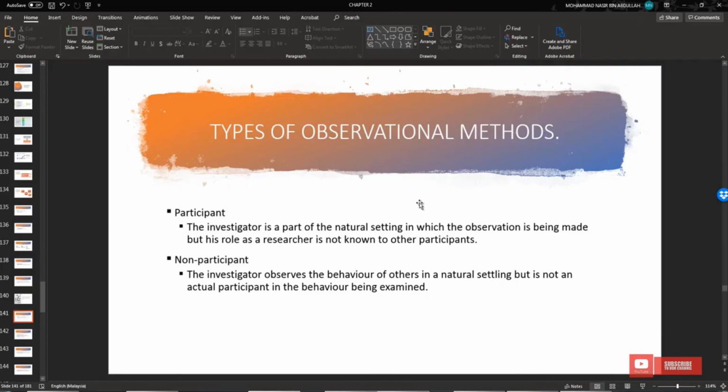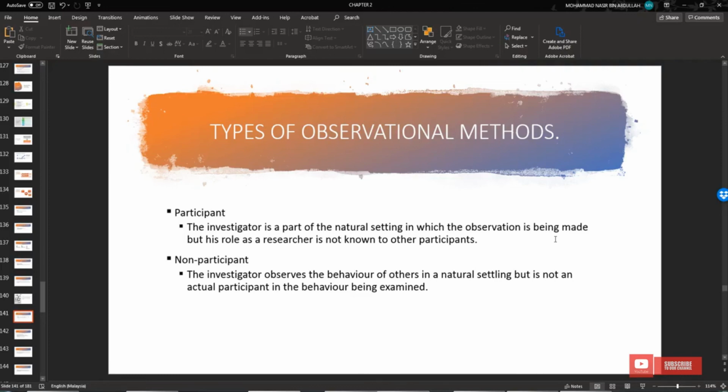They get involved in the situation, but the people around do not know he is the researcher. He is just doing an observation in the natural setting.